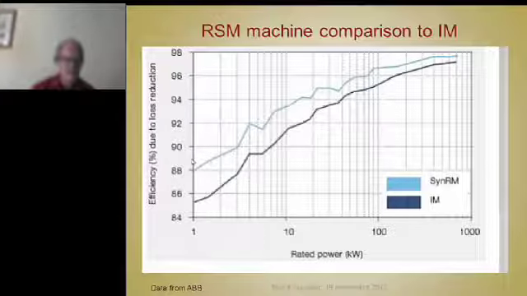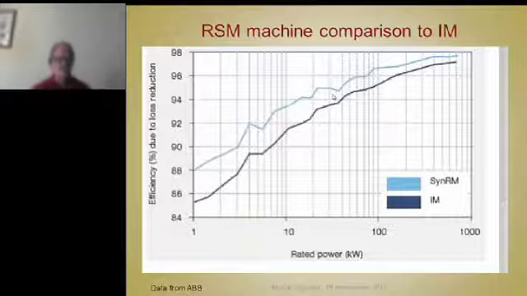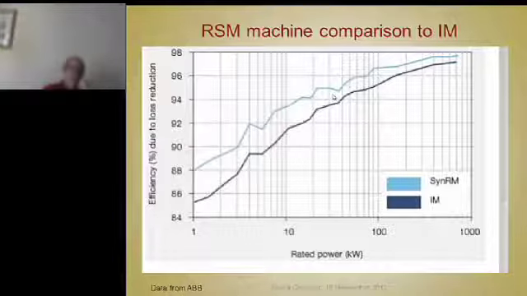They use the same stator, and they've replaced the induction rotor with their synchronous reluctance rotor, using the same stator and their line of inverters, and plotted this efficiency due to reduction in losses.